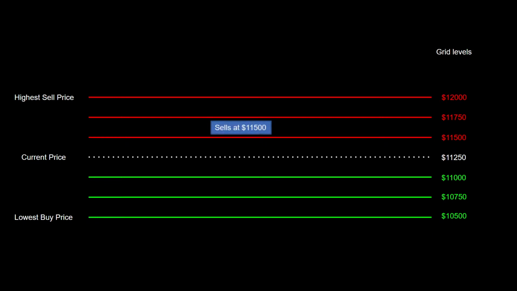So for example, in this example, imagine the price goes higher and triggers this sell limit order. So this means that the system will sell Bitcoin at that price. So it takes out 11,500, and out of this 11,500, a portion like 11,250 is used to create a new buy limit order.